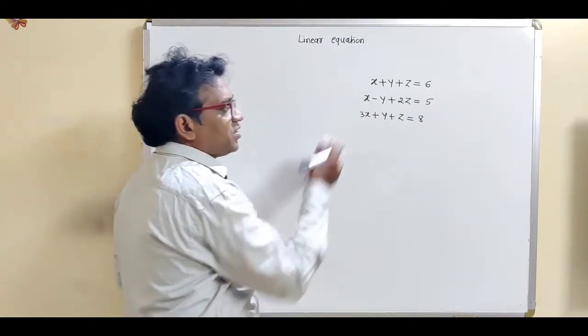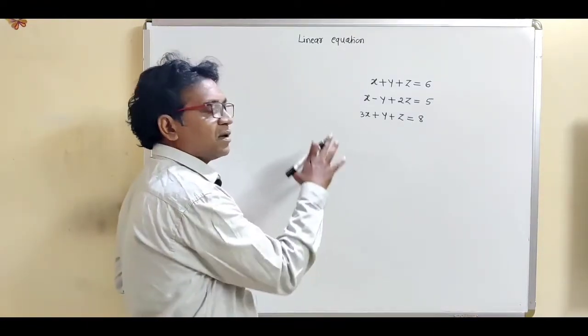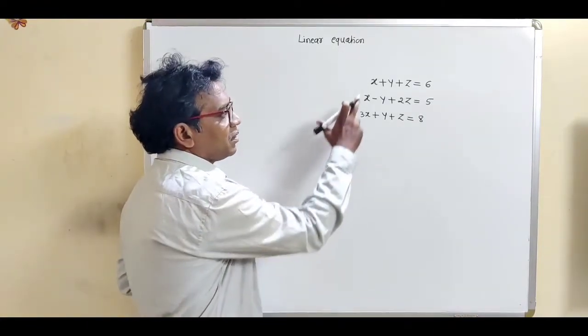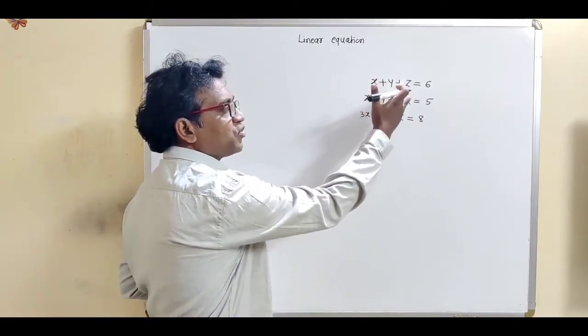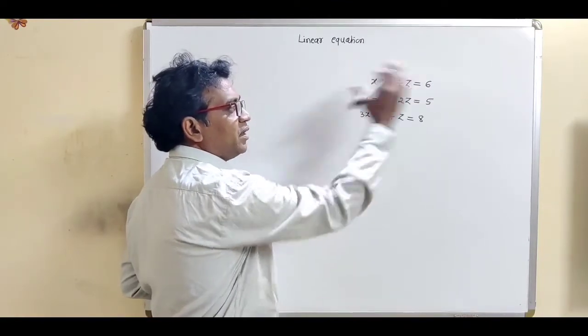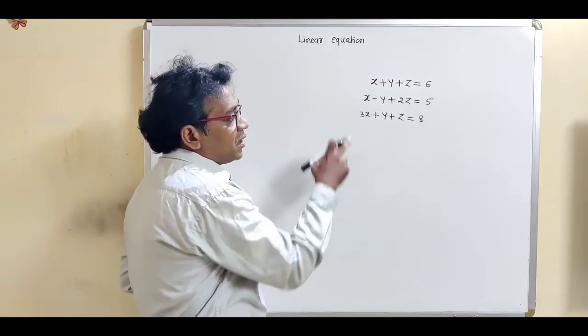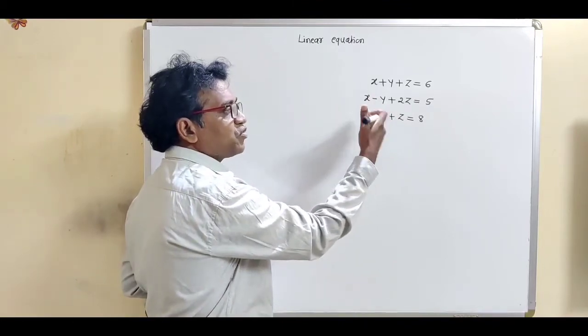Now suppose you consider these equations. Obviously these are linear equations. x raised to 1, y raised to 1, z raised to 1, degree of every term is 1, so this is called the linear equation. Second equation is again a linear equation, x raised to 1, y raised to 1, z raised to 1.